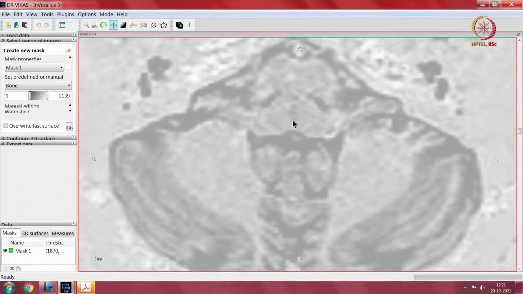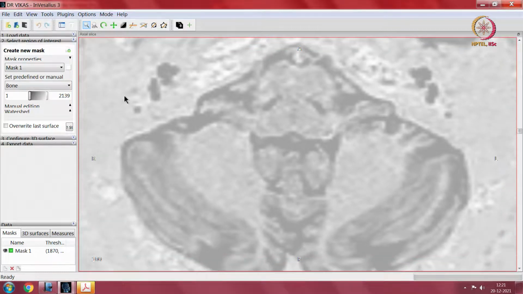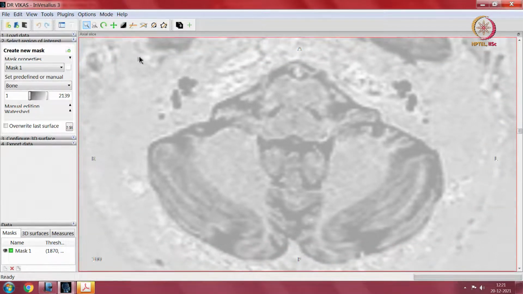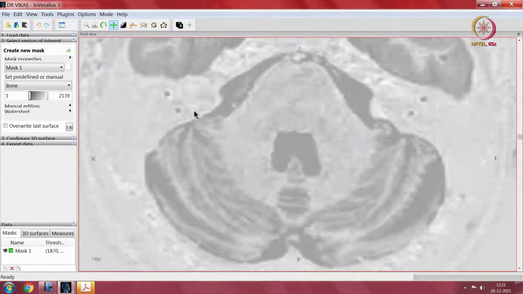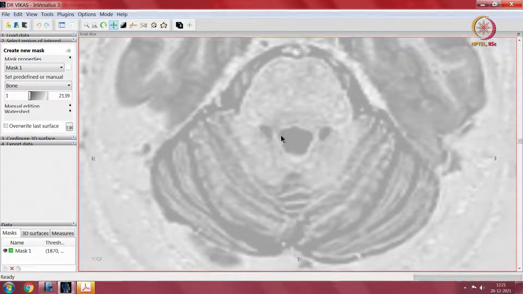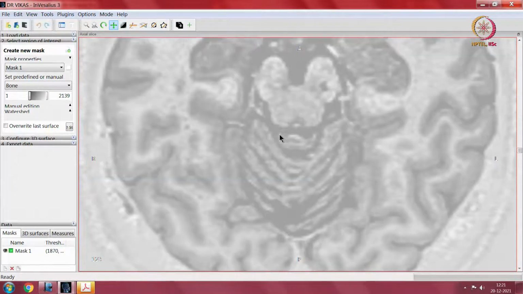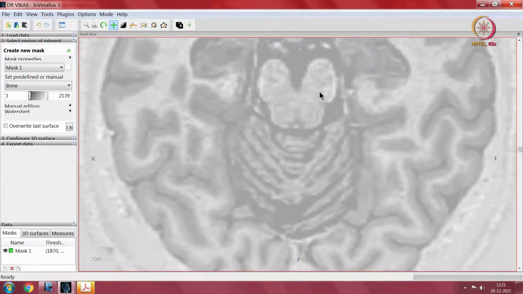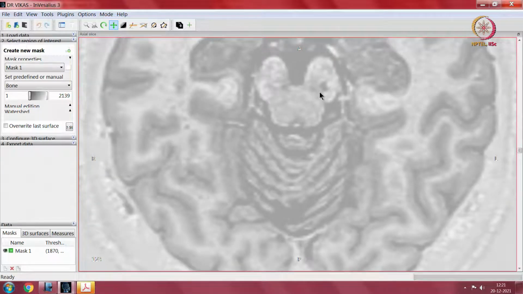Then we come to the pons, and coming up, yeah, that split which happens. So, this is the pons and then suddenly we are in the midbrain.